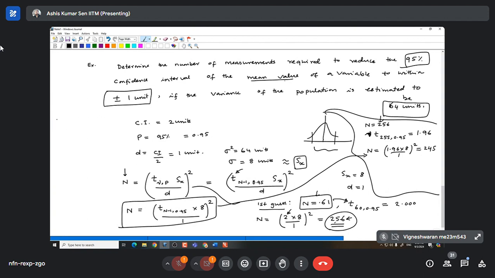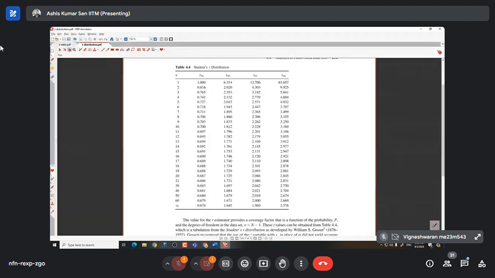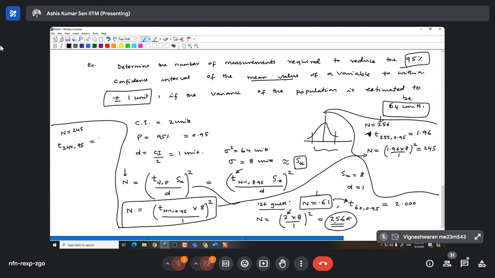In the next iteration, I have n equal to 245. Now I find t of 244, 0.95, and if I go to the table, again the same value, 1.96. So my n is basically now 1.96 into 8 divided by 1, square.